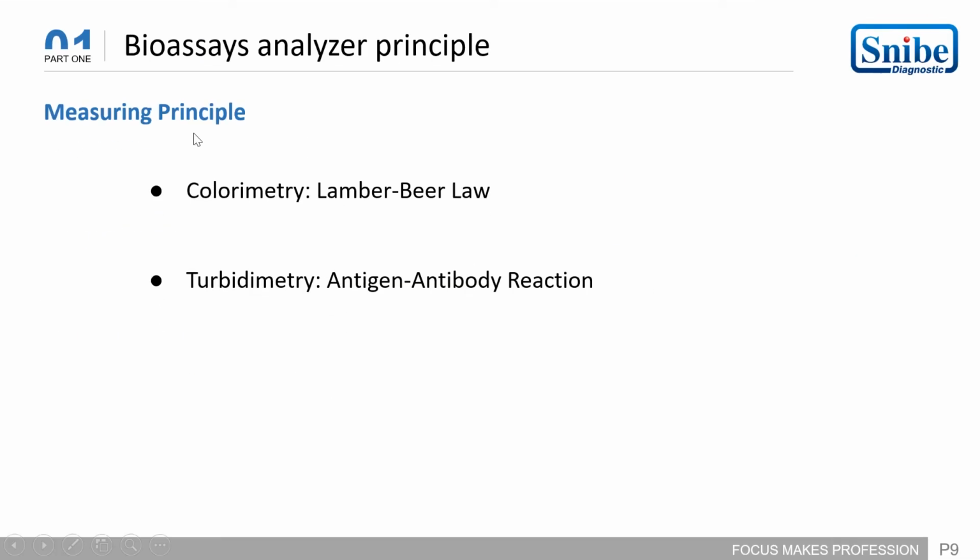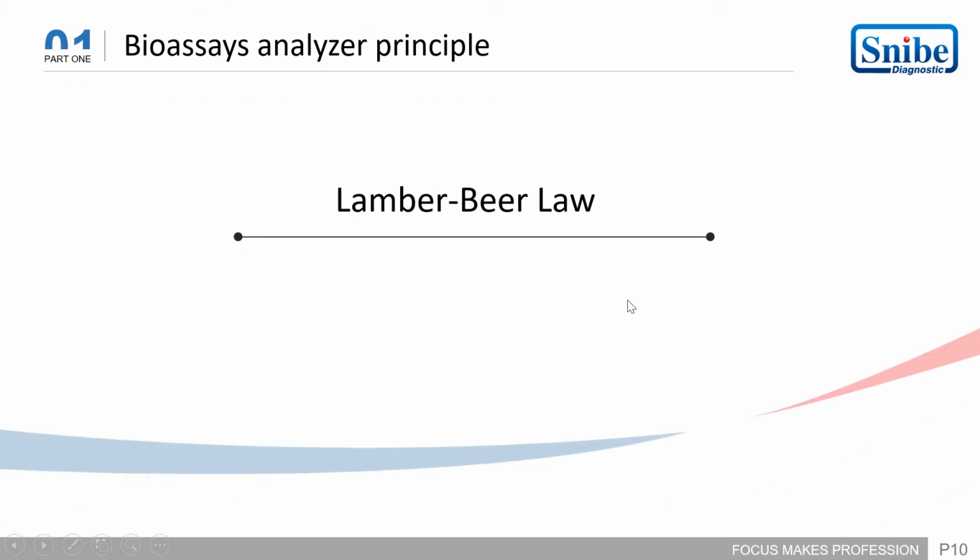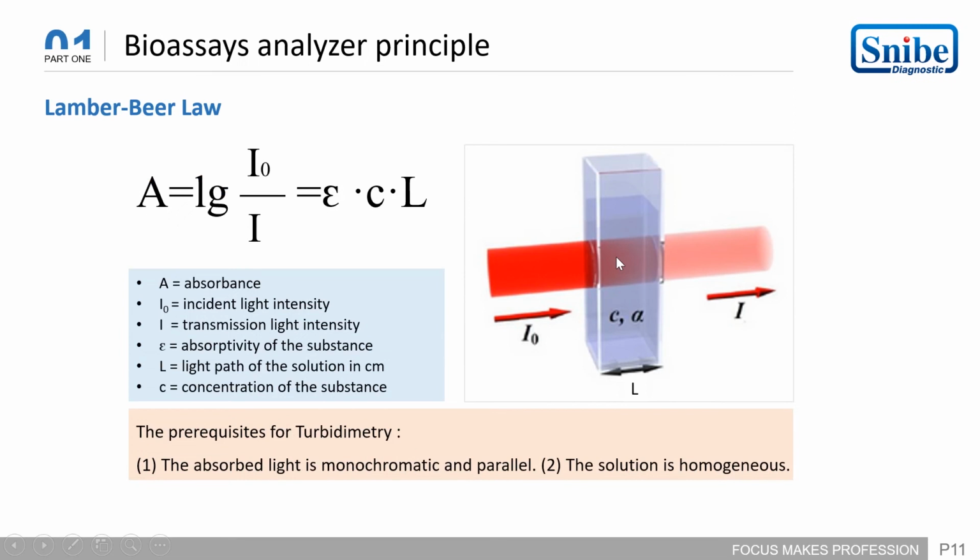There are two measuring principles: colorimetry, Lambert-Beer law; turbidimetry, antigen-antibody reaction. First, Lambert-Beer law. This is the equation of Lambert-Beer law.